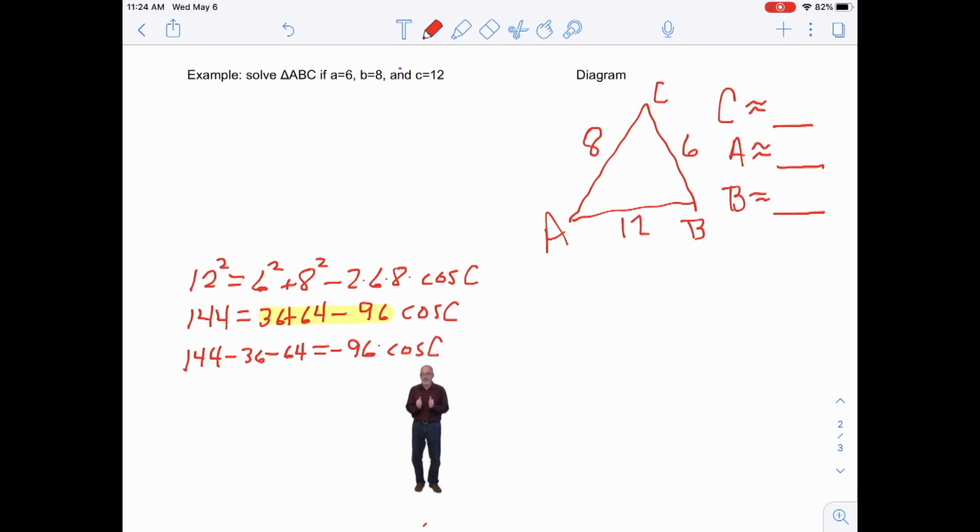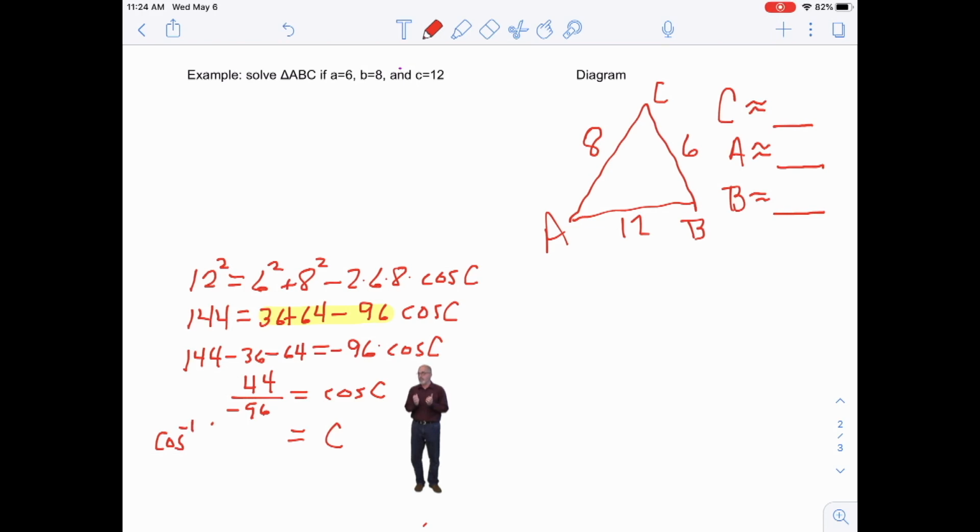Now we'll calculate 144 minus 36 minus 64 gives us 44. Divide by the negative 96 to get it on the other side. That equals our cosine of C. Now we can take the inverse cosine of both sides, the cosine with the little negative 1, of that fraction.